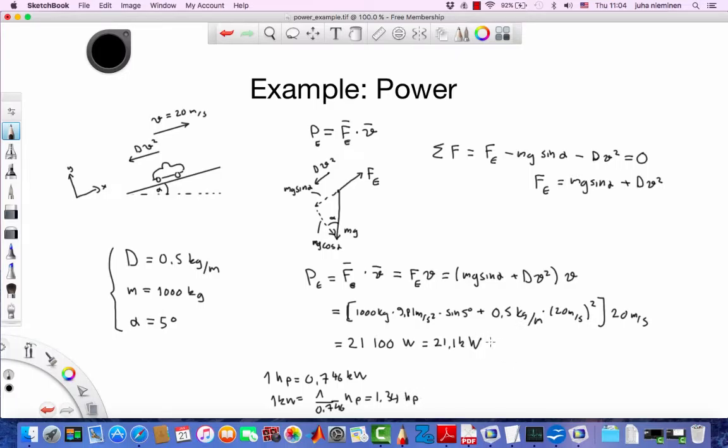So if we multiply this one, we get about 34 horsepower, which is easily doable from a typical car engine these days.